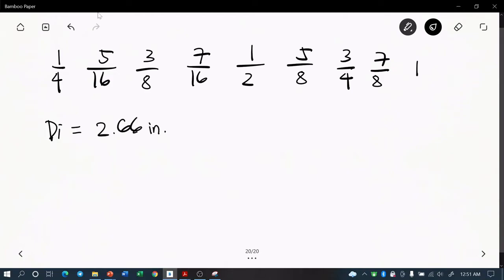Okay, so 2.66 inches, we're going to look at this tenth decimal place in this value. So 0.66 is between 5/8 and 3/4.